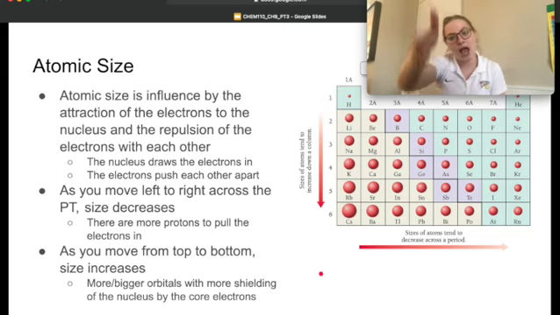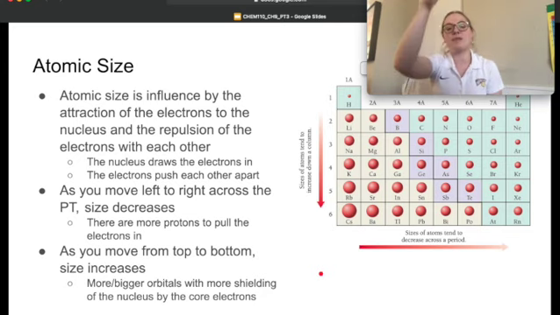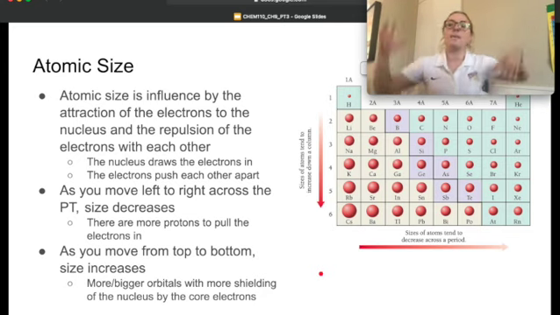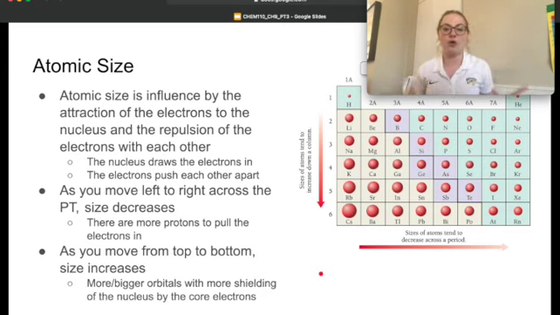As you move down the periodic table, atomic size increases because you're adding more and more orbitals, more and more shielding of the valence electrons by the core electrons, so they're much more spread out.